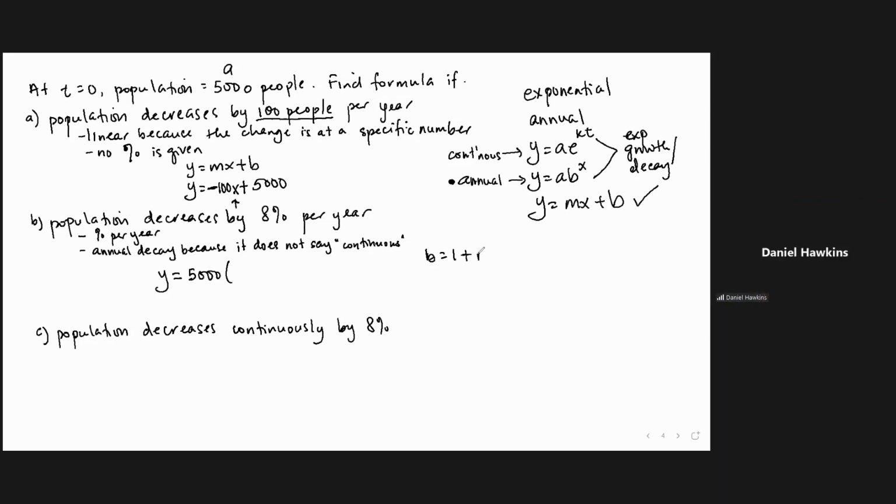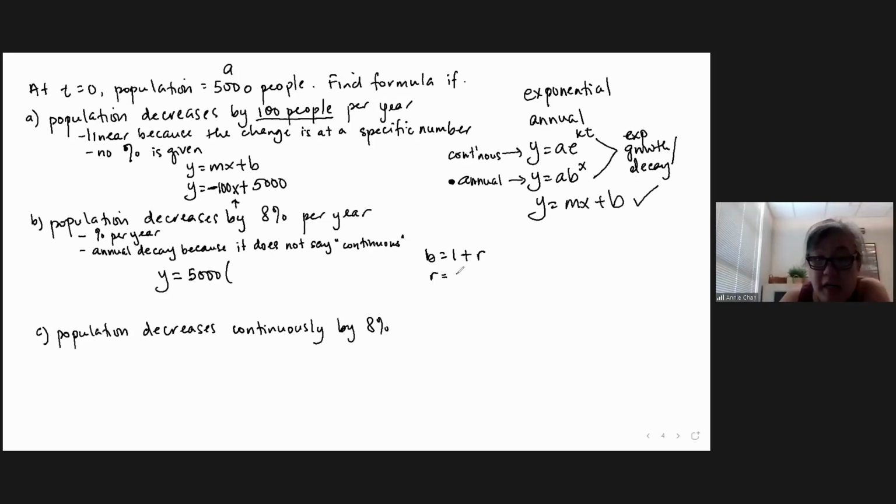Or R. So what is R? Negative 0.08. Okay, so R is negative 8%, right? Because it's a decrease. Yes. And we have to change this one to a decimal. So it's going to be negative 0.08. Yes.